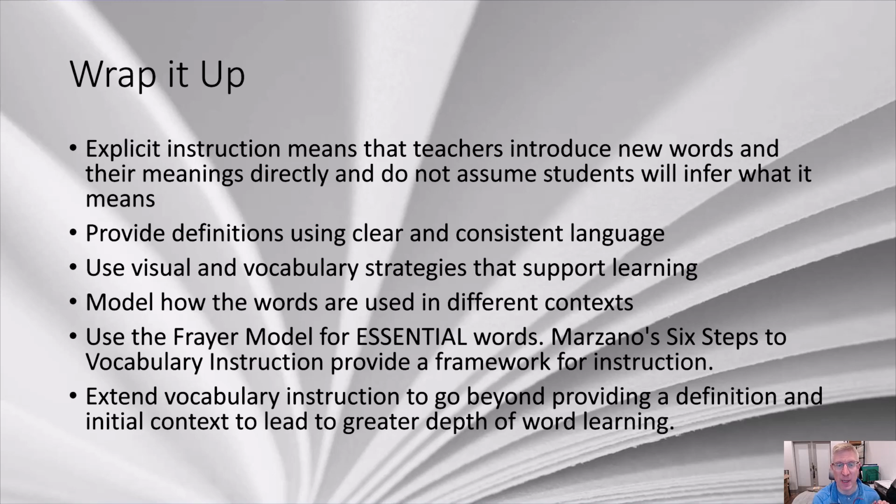Our students are becoming experts on the Frayer model. Then support those with Marzano's 6 steps, providing a framework for instruction. Extend the vocabulary instruction to go beyond providing a definition. Use it through the initial context to lead to a greater depth of word learning.